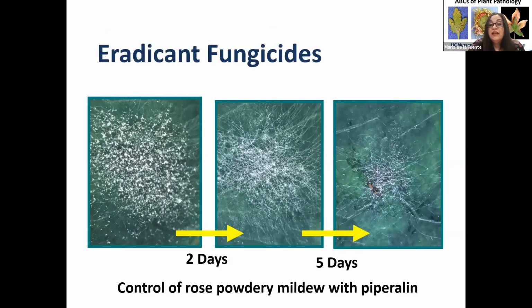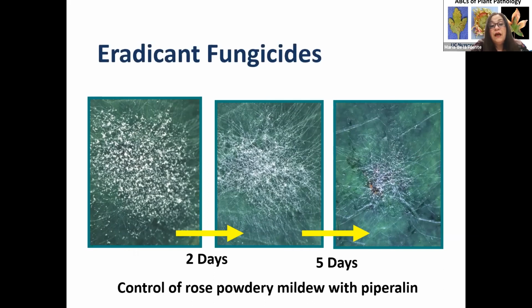There are some fungicides, specifically with powdery mildews, that can work as eradicants. That means we already have the infection and we are seeing some patches of spores emerging from the surface. It could be the upper or lower surface, especially with powdery mildews. So then I apply, in this case, piperalin, which is one of the eradicant fungicides.